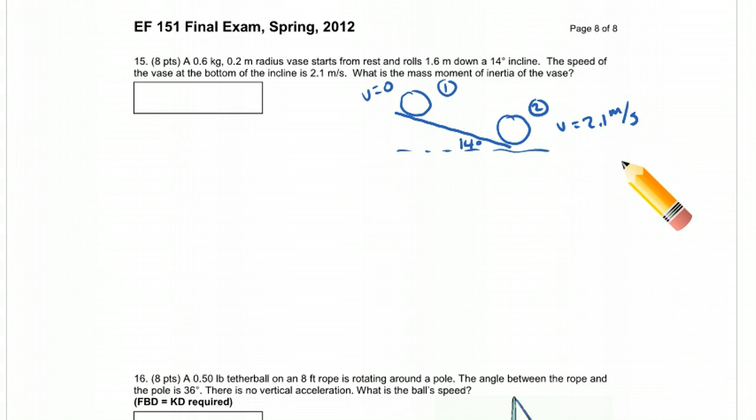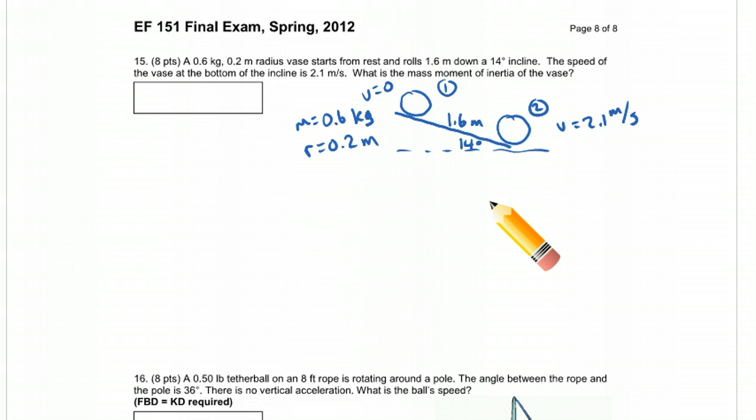The distance it rolled was 1.6 meters, and we're given some information about the mass, 0.6 kilograms, and a radius of 0.2 meters.